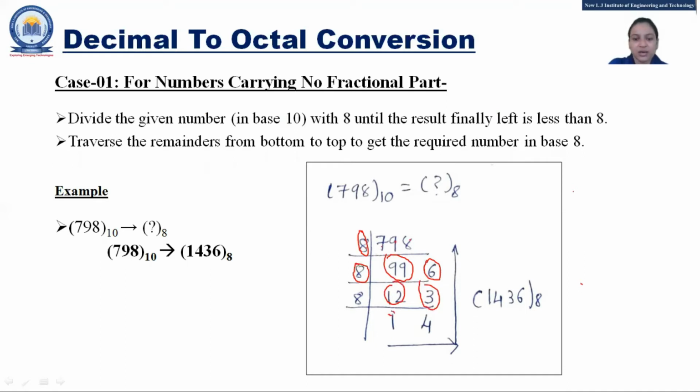Until here, the last remainder is 1, which is less than 8. So we have to stop here and go from top to bottom. So the result is 1436 in octal, the equivalent of our given decimal number, that is 798.